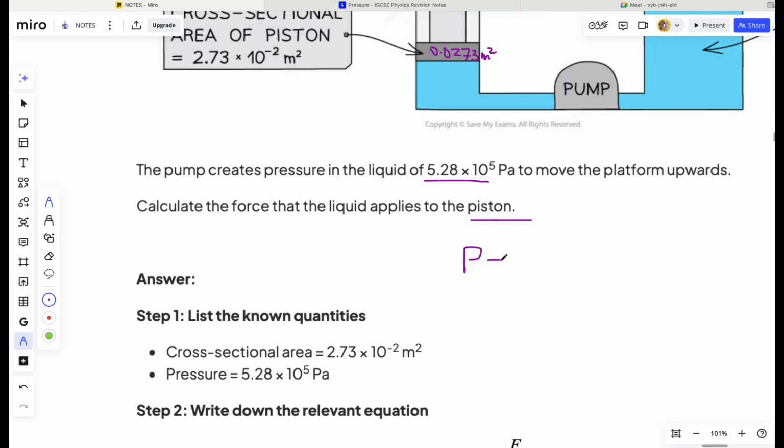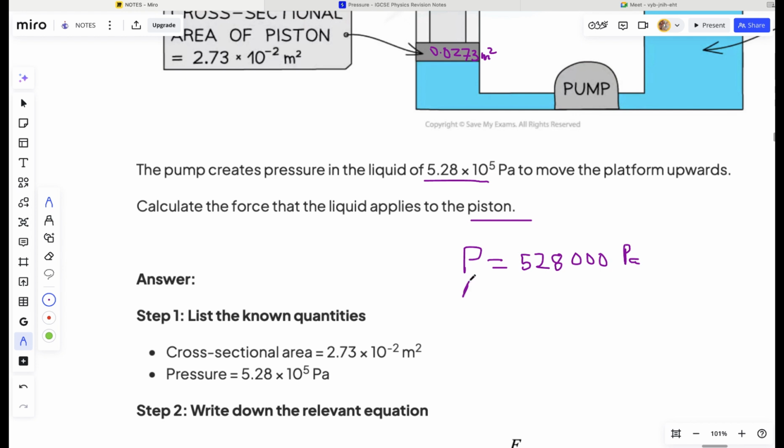Pressure is given as 528,000 Pascal. That's the pressure that the pump creates.